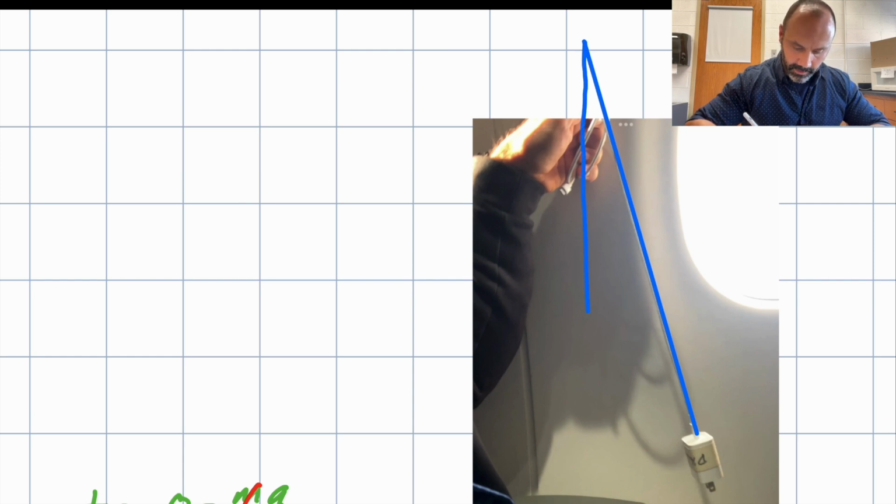All I need to do is find out what this angle is. So that's the angle of the cord. Now I draw a line straight down. I use my protractor to measure this angle. And this one is more. This one is looking like it's 18 degrees.